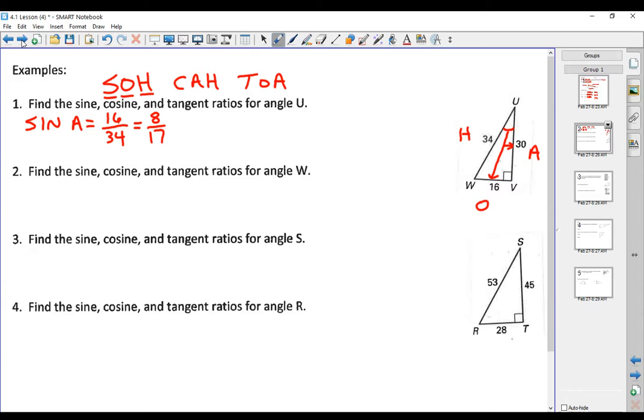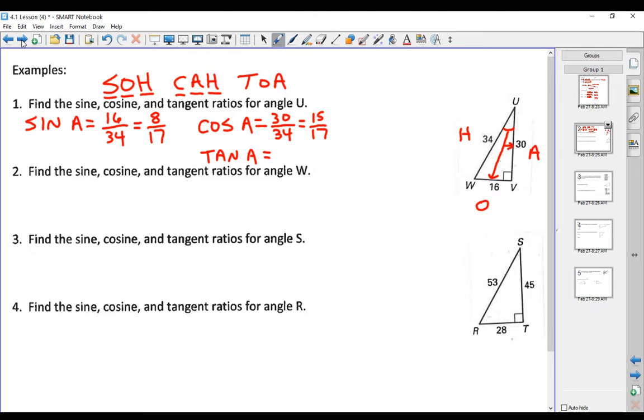Now let's find the cosine. The cosine of angle A is the adjacent over the hypotenuse. The adjacent side is 30. The hypotenuse is 34. And again, we can reduce by 2 there to get 15 over 17. And now let's find the tangent.